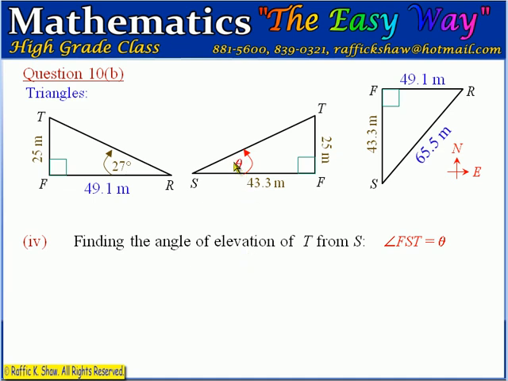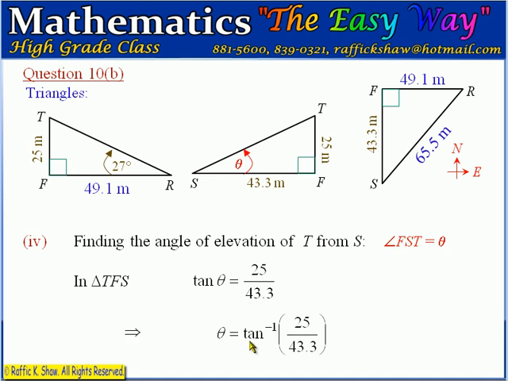And we can use the tan of this angle equals opposite over adjacent. Tan of theta equals opposite divided by adjacent in this right angle triangle. Tan theta is 25 divided by 43.3, and so theta is tan to the minus 1 of 25 divided by 43.3.